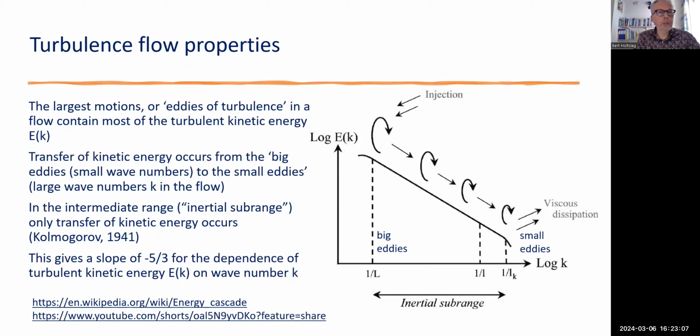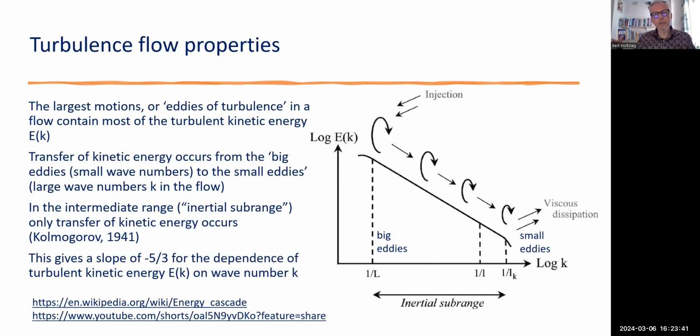Now, the other study did actually a more direct analysis of properties of the flow, which you can do by analyzing what is known as the turbulent kinetic energy. So, how much energy a certain motion in the atmosphere can have as a function of its size. Larger eddies, the largest motions, have most of the energy, and this energy is then transferred to smaller and smaller scales, to the smaller eddies.